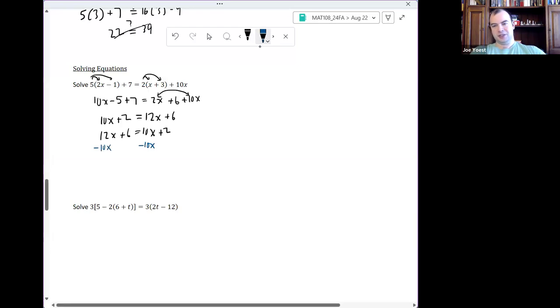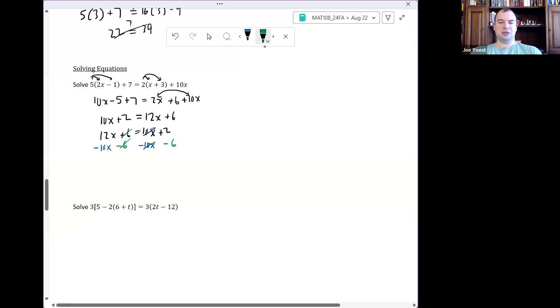I'll subtract 10x off of both sides. That gets rid of the x's on the right side and puts all of the x's onto the left side. But now I have this plus 6 that's intermingling with my x's on the left side. I want to get rid of it off the left side. So I do a minus 6 and a minus 6.